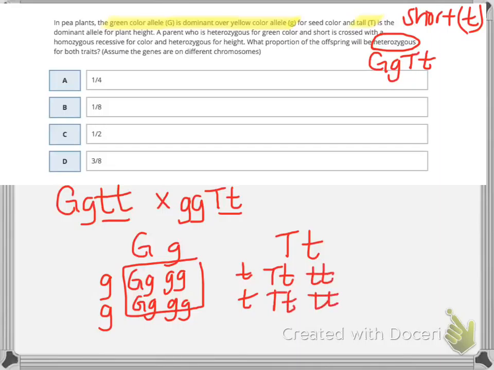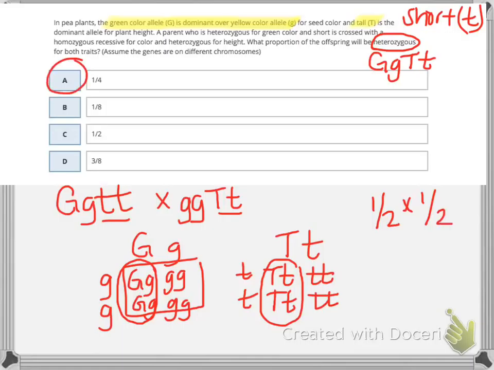Now all I'm going to do is look for the proportion of offspring that are heterozygous for both traits. I have 1/2 here for my G's that are heterozygous. Then I also have 1/2 here. Multiply those together: 2 times 2 gives me 4, 1 times 1 gives me 1. So that is how I get my answer.